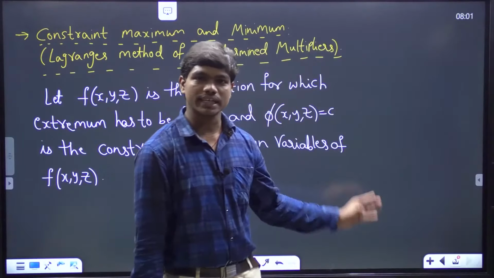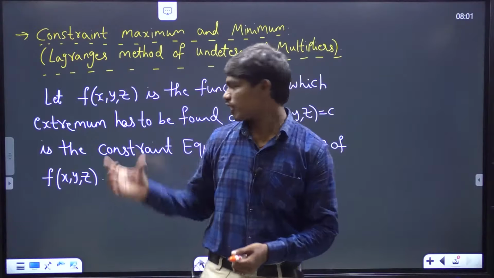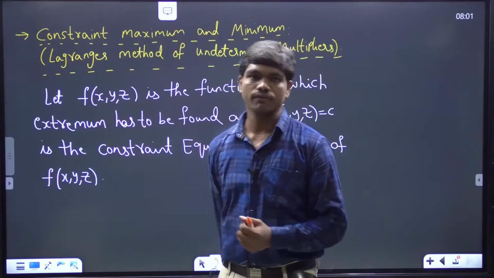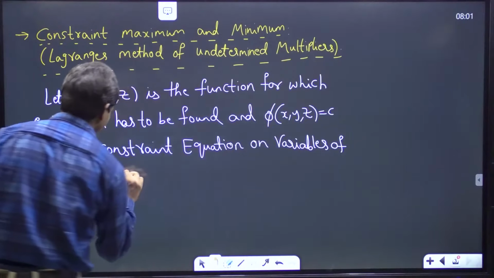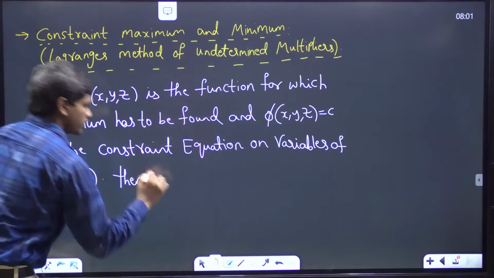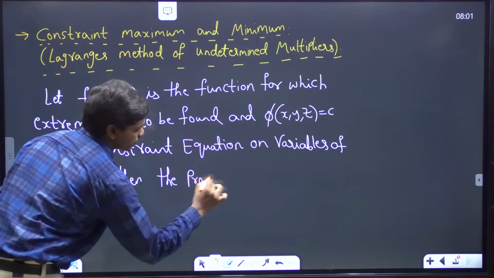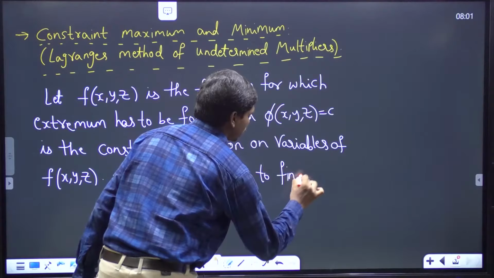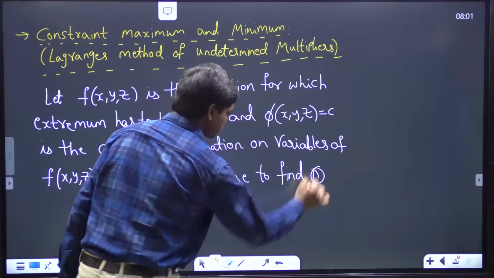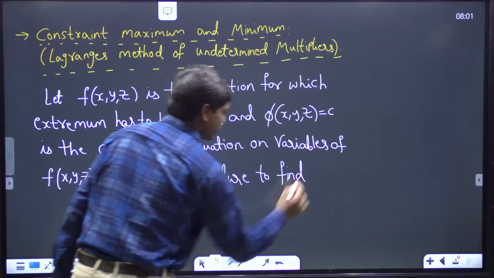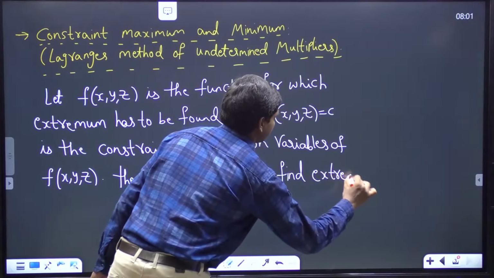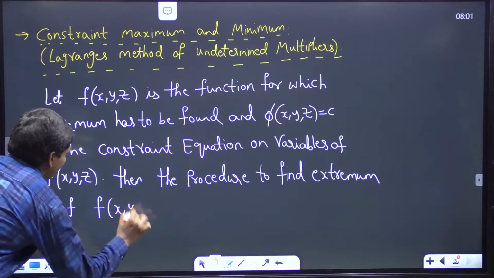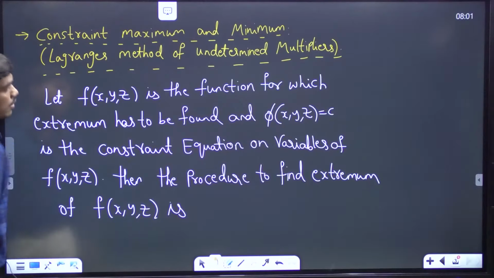As in the previous case we have seen x plus y plus z is equal to 1. Like that, this phi of x, y, z equal to c is a constraint equation which is governing the variables of this f of x, y, z. Then the procedure to find the extremum, maximum or minimum, of f of x, y, z is as follows.